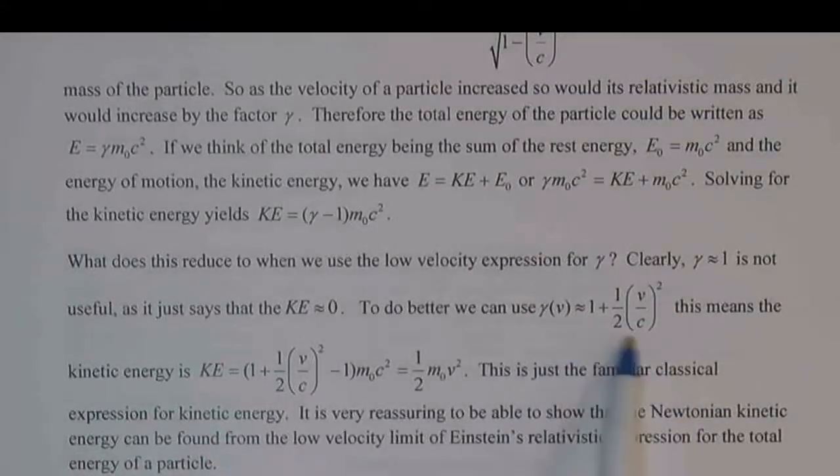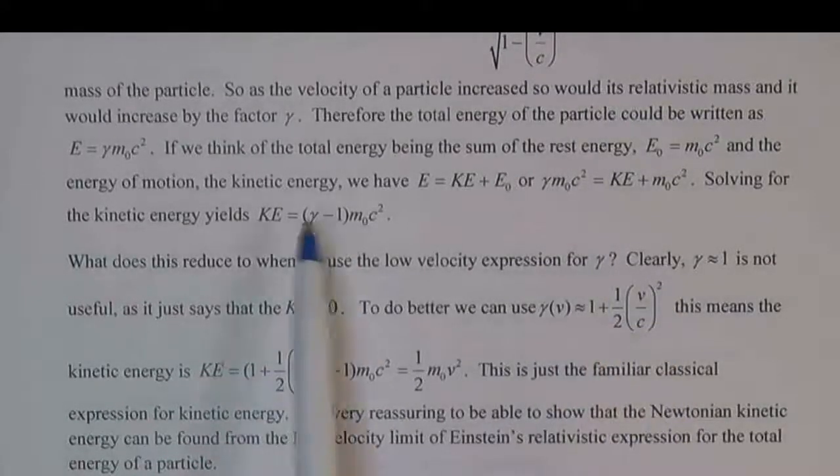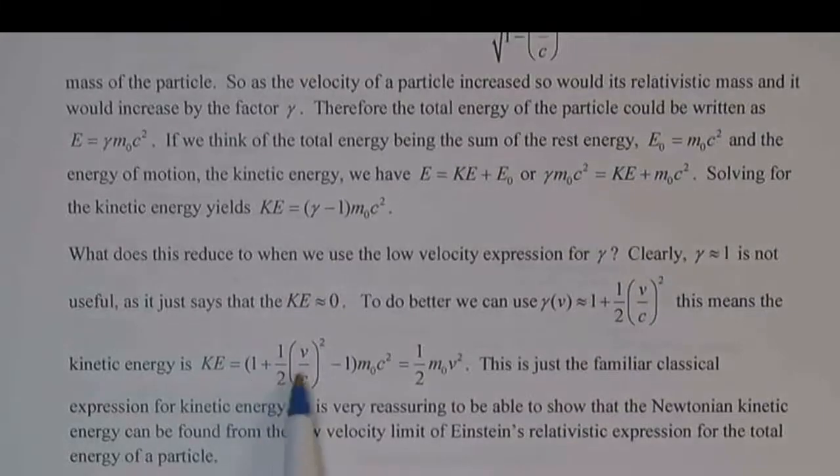So substituting this in for gamma, we have 1 plus 1/2 v over c squared minus 1 times the rest energy. And this, the ones cancel out, the c squareds cancel out, is equal to 1/2 mv squared. The kinetic energy equals 1/2 mv squared. That you probably are used to.